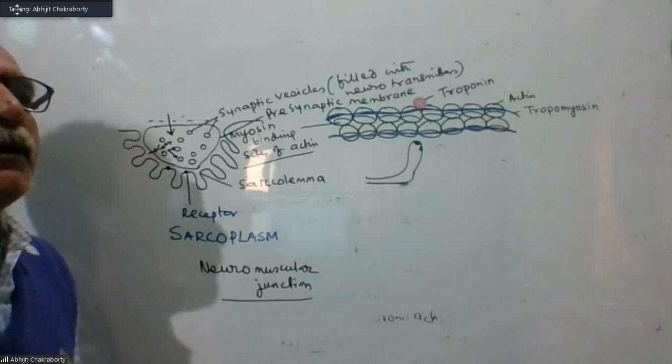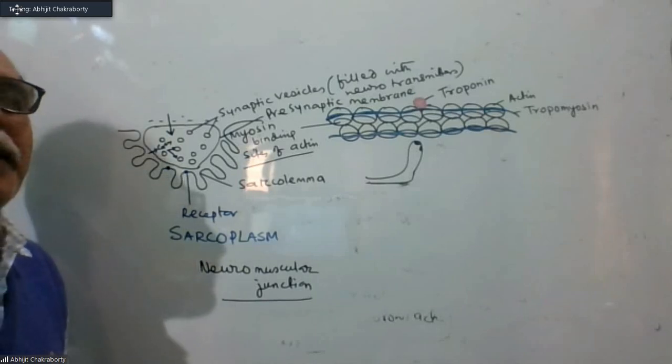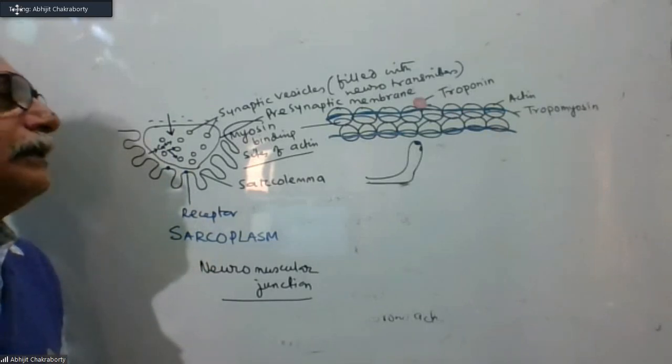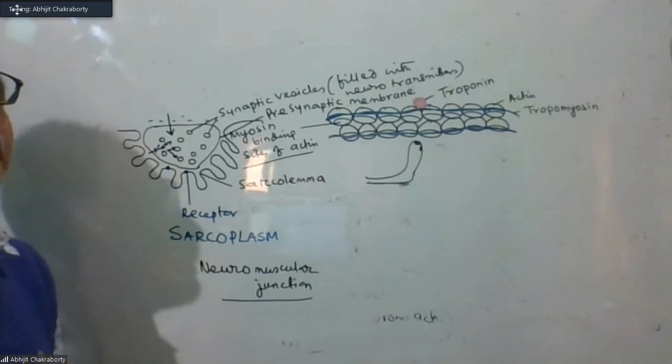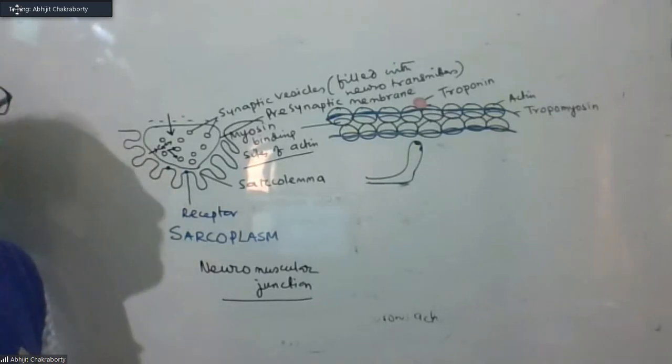Normally calcium ion is found in the extracellular fluid between the nerve and muscle, but the membrane of the nerve, that is presynaptic membrane, is not allowing calcium ion to enter the synaptic knob. Then what happens?